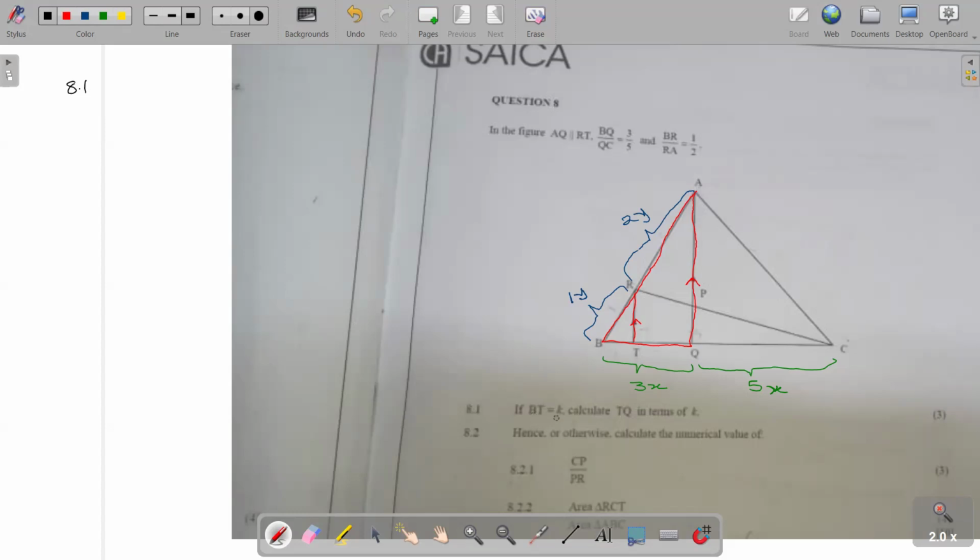We are told that BT, which is this one, is K. So we can write the ratio BT.